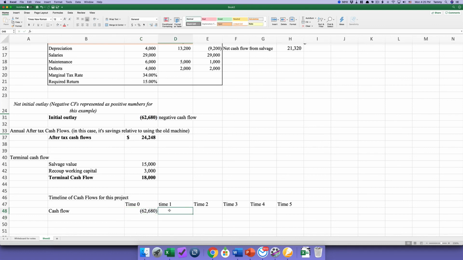In time 1, we gain a benefit of $24,000. We can make that an absolute cell reference and carry that across all the way to year 5. And then in year 5, we also have a positive terminal cash flow from selling the equipment. So these are our cash flows from this project.